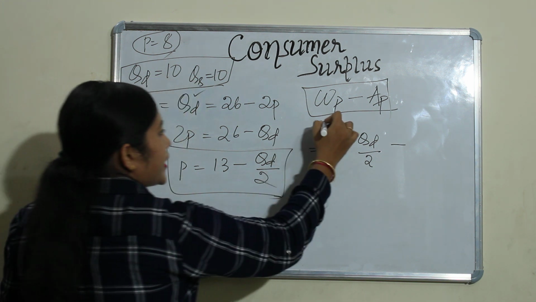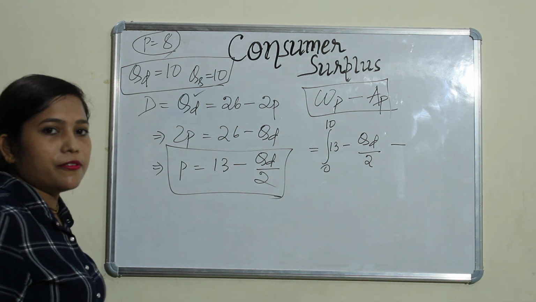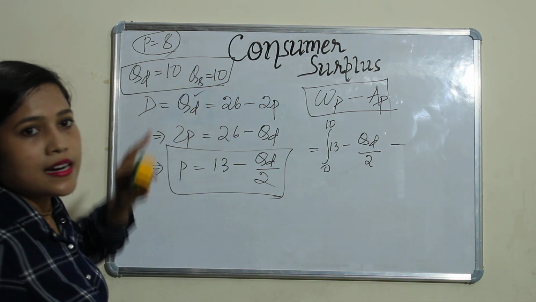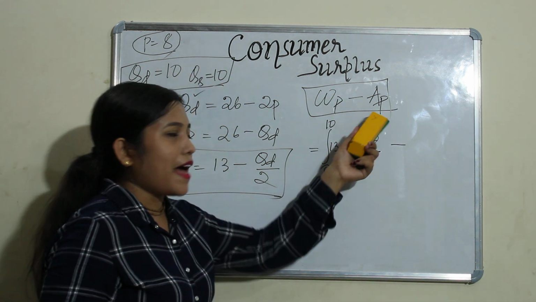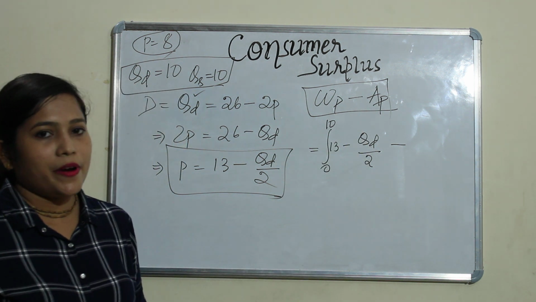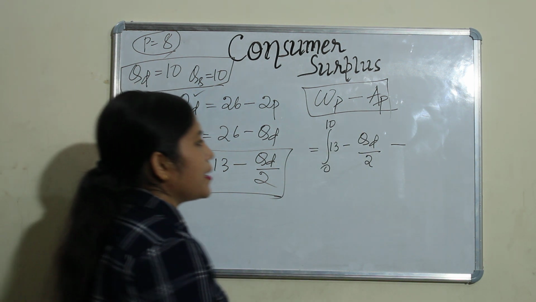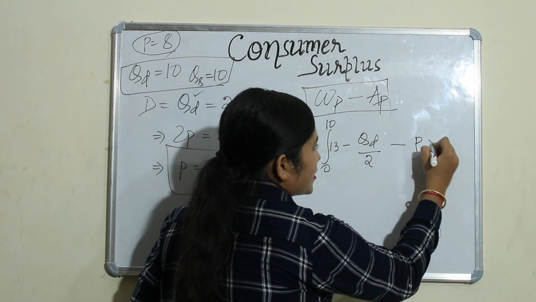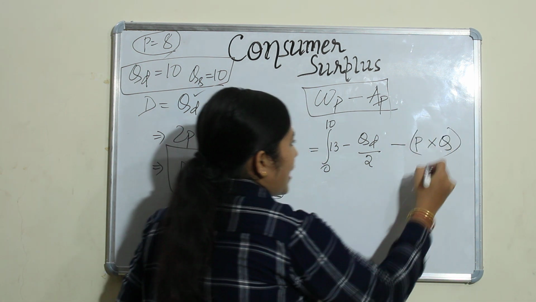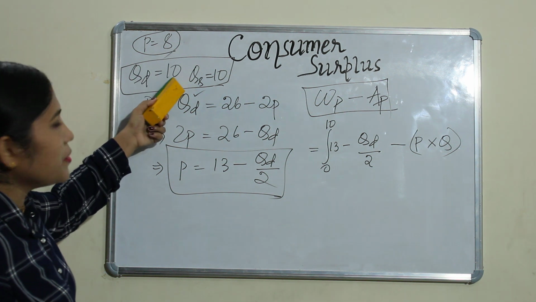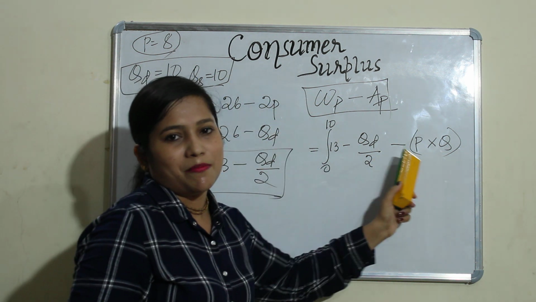Because the equilibrium quantity we have already calculated, that is 10. What have you actually paid? Actual payment you can easily derive by multiplying price into quantity. You have the equilibrium price and the equilibrium quantity, so we can easily multiply them.